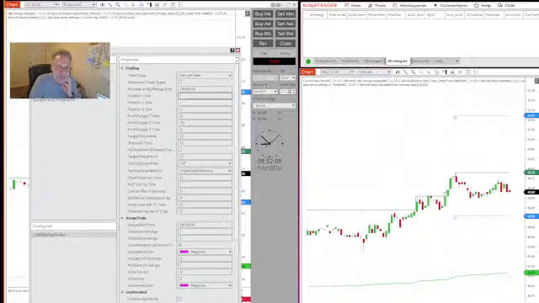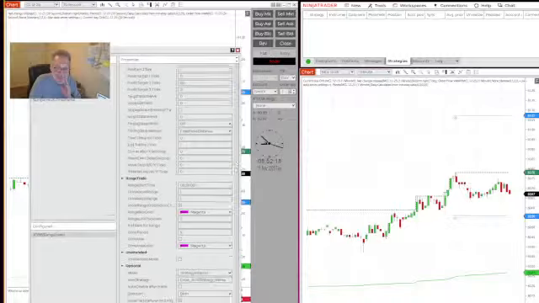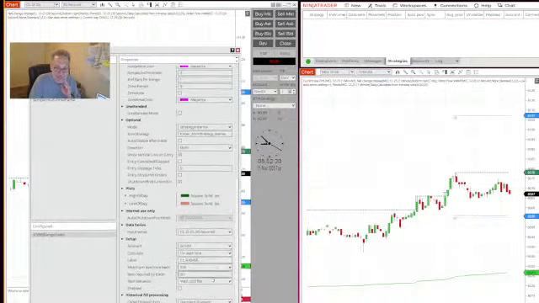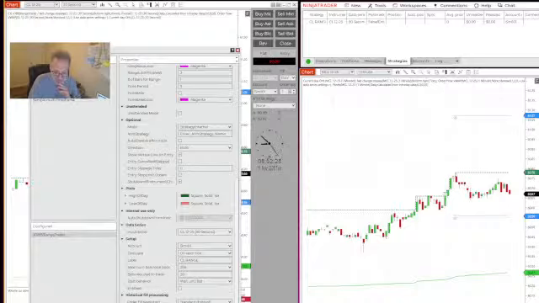Position 1 is a 1, position 2 is a 1. I'm trading an 8-tick target, a 20-tick target, and a 15-tick stop. That's how I'm trading it. Save it, apply it, then go to template, click save, and save it. Give it a name, oil open range, today's date.